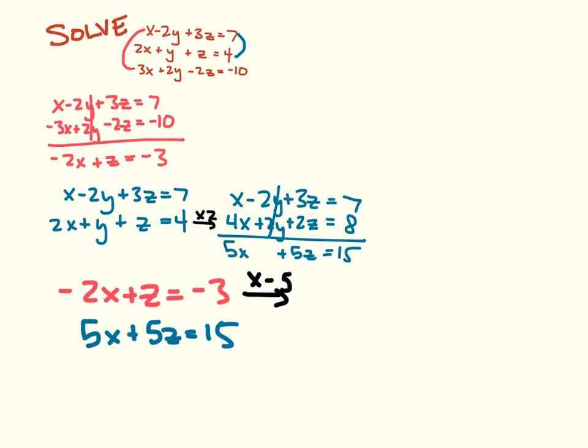I could have divided all of this by negative 5. That would also work because that would give me a negative z. But there's always 1,000 ways to do it. That would give me 10x minus 5z is equal to positive 15. And down here, nothing changes.